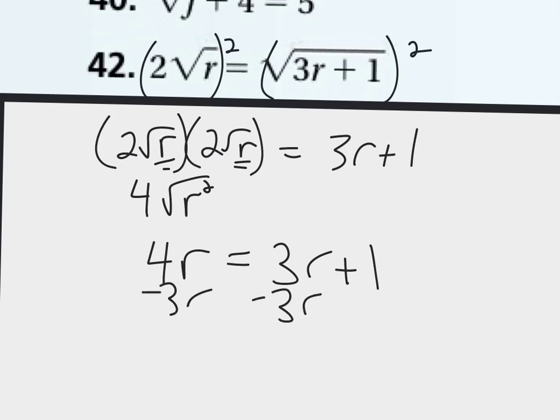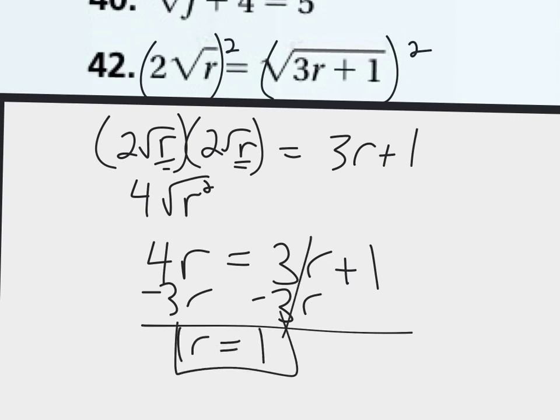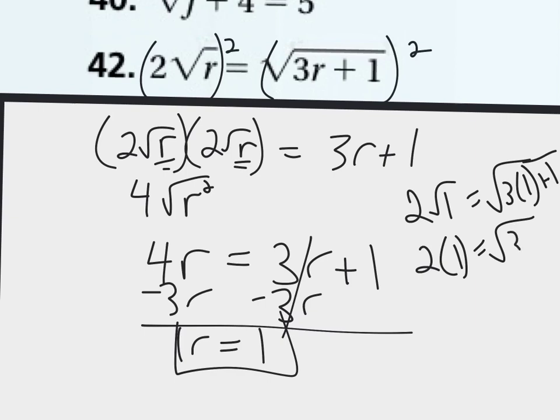So then if you subtract 3r on both sides, 1r equals 1, and that's just the same as r equals 1. And then if you test that, is 2 equal to the square root of 4? It is, so r equals 1 is the solution for that problem.